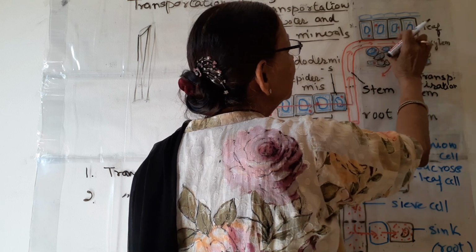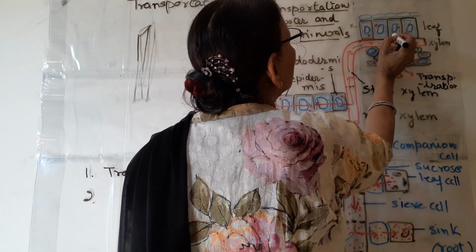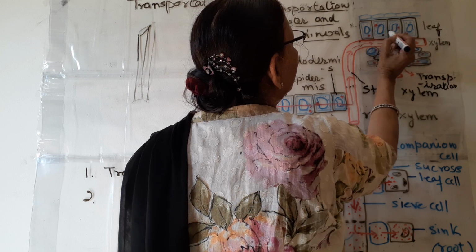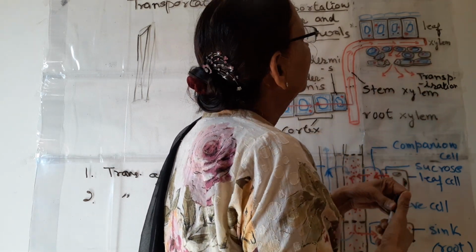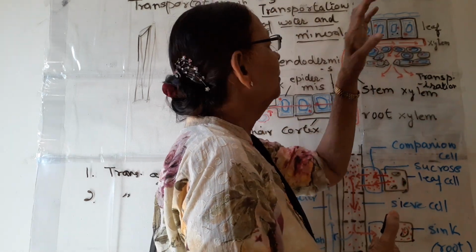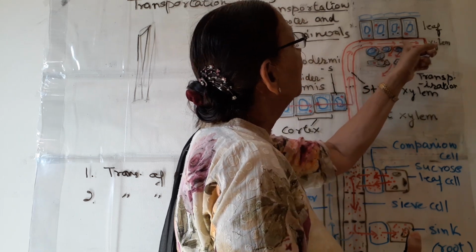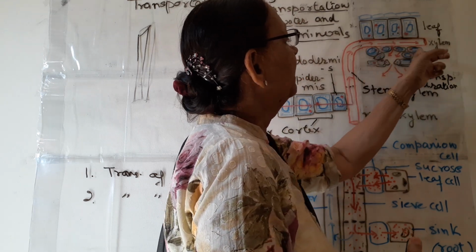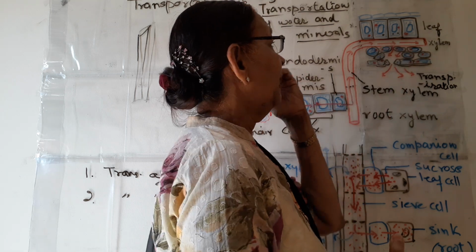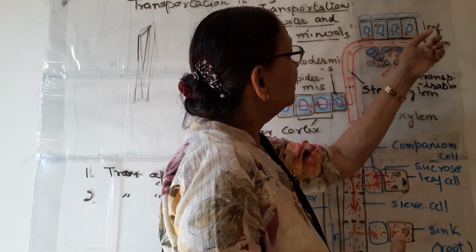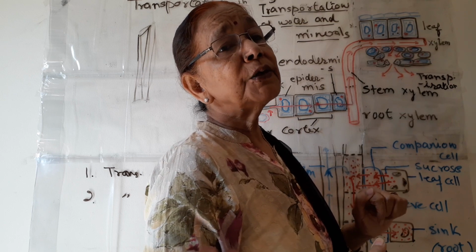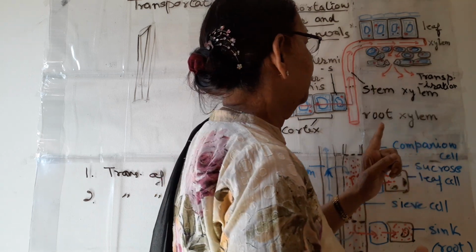Both are mesophyll, and they have chloroplasts and green pigment, and they photosynthesize to form glucose. The water from here goes to the adjacent cells, and this water in these mesophyll cells is used for photosynthesis.